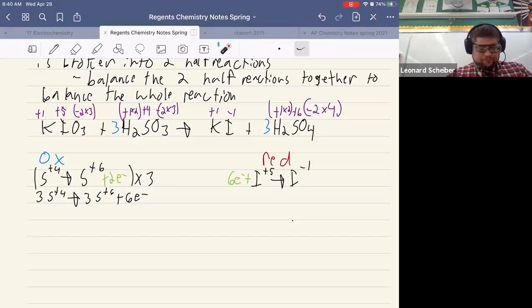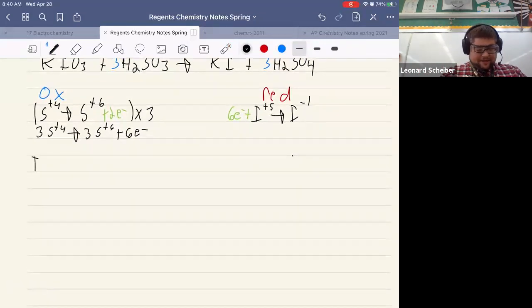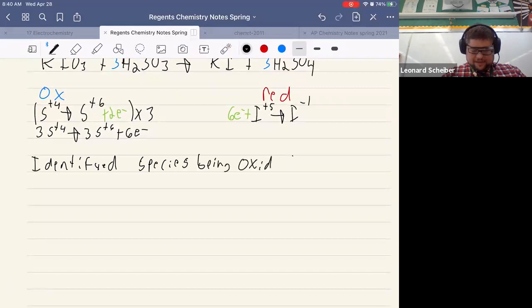Okay. So let's quickly jot down what I did. Step 1 is identify the species being oxidized and reduced.